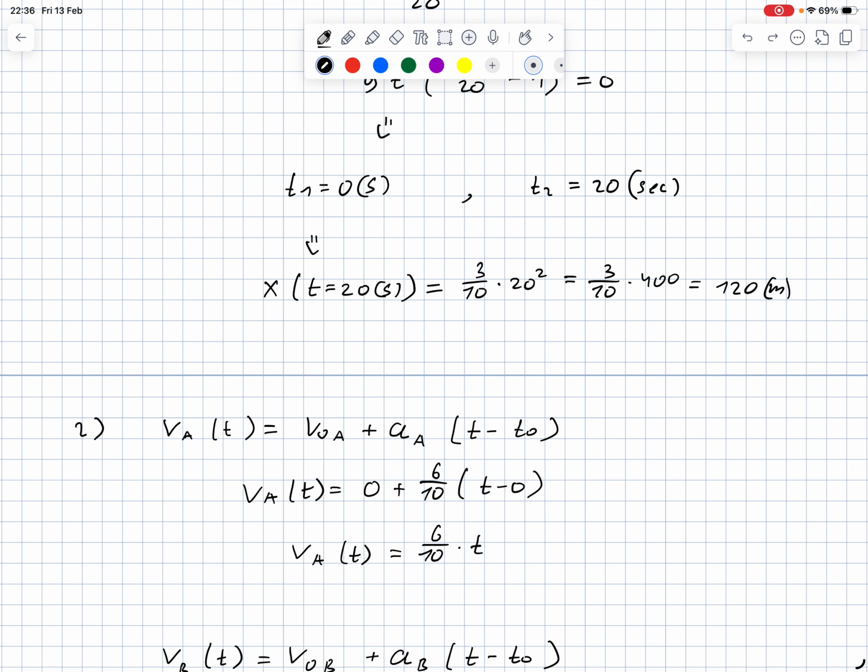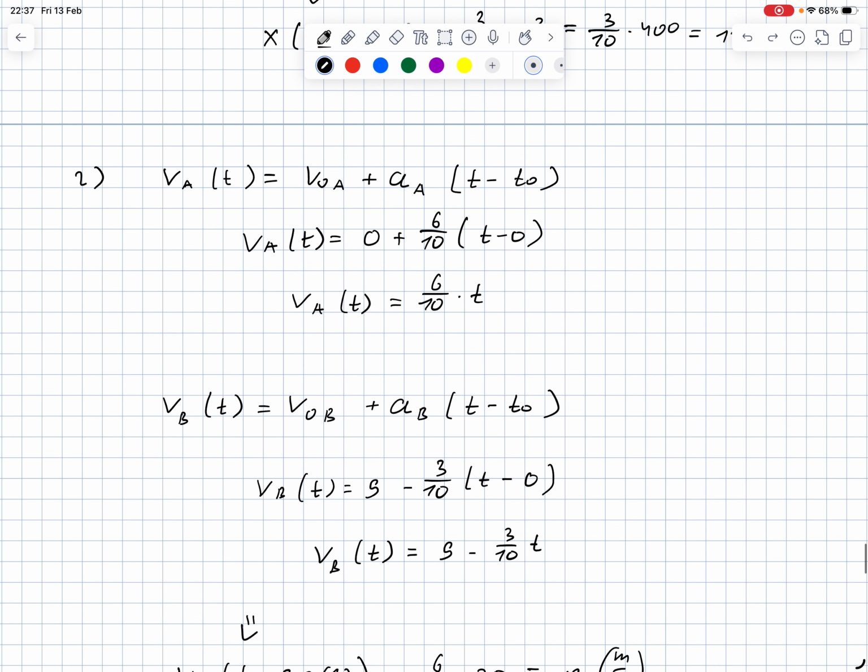We know that at time 0 seconds, the initial velocity of object A is 0 meters per second. We also calculated the constant acceleration, which is 6 divided by 10 meters per second squared. And finally, we get this expression for the velocity of object A. As you can see, it's a linear function.